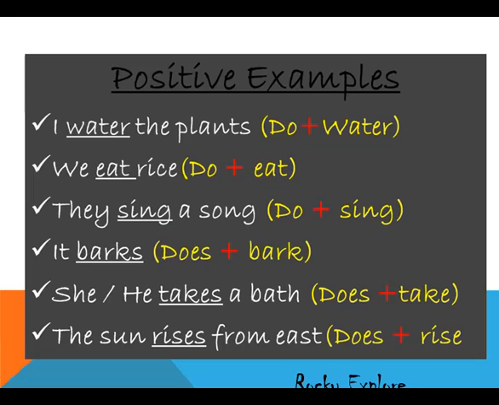Like that, if we go to the fourth example, it barks. This word barks comes because it is singular. The word barks is constructed using does plus bark. You can refer to the other examples also, thinking about the subject, whether it is singular or plural, and also the exception that I have told before.